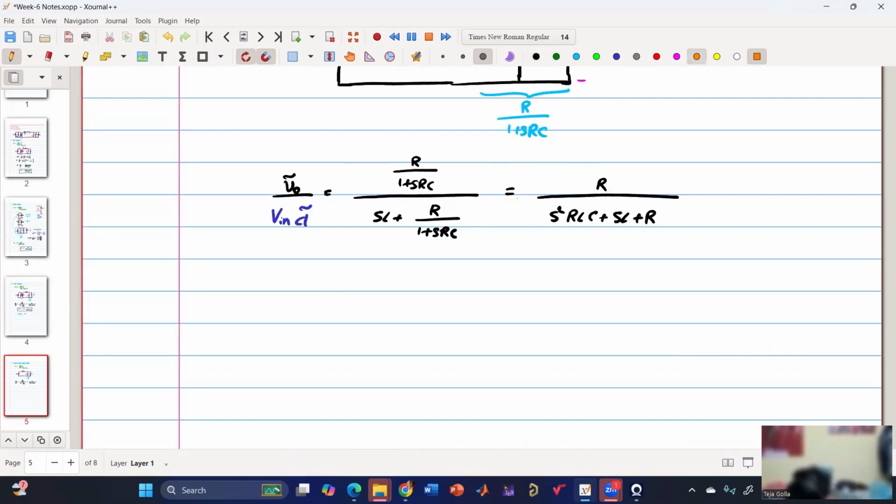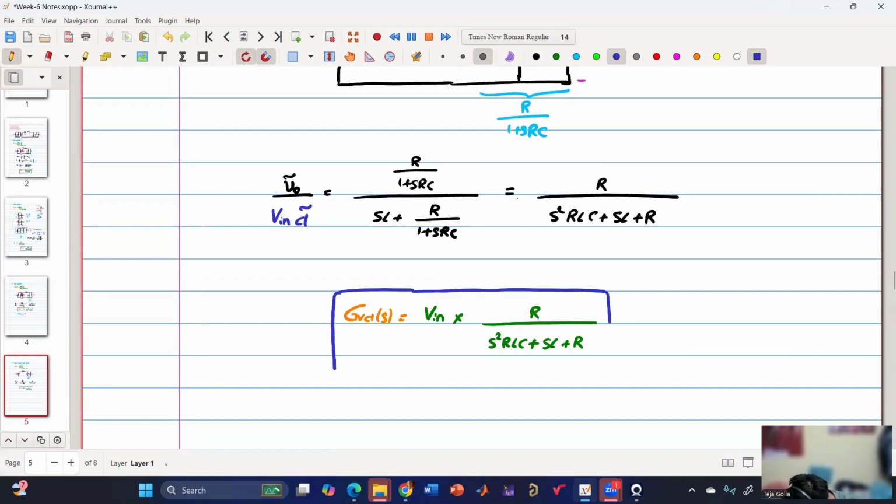So I'll have Gvd of s equal to V in into R by s square RLC plus sL plus R. So both are the same. If you see, Gvg has D and Gvd has V in, because V naught equals D into V in.